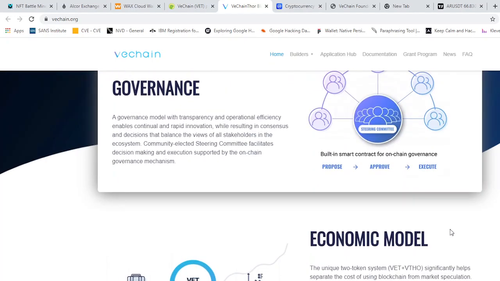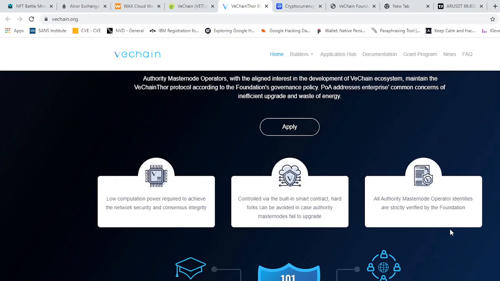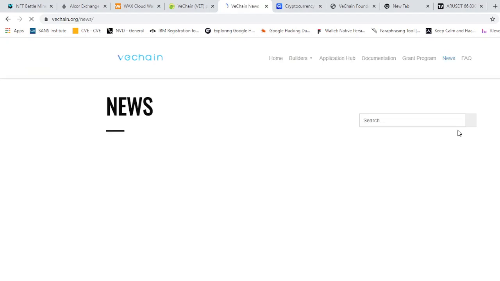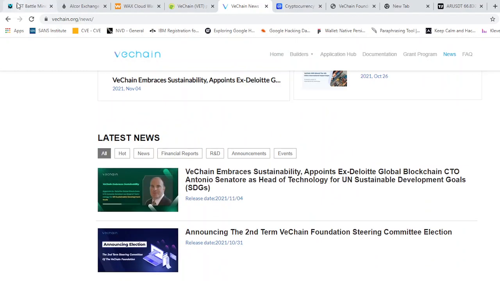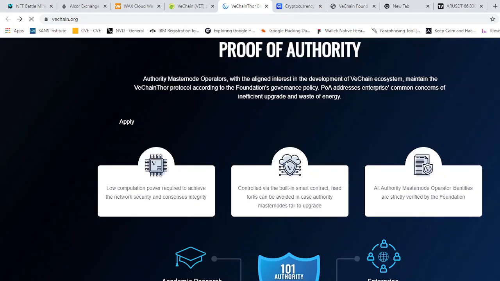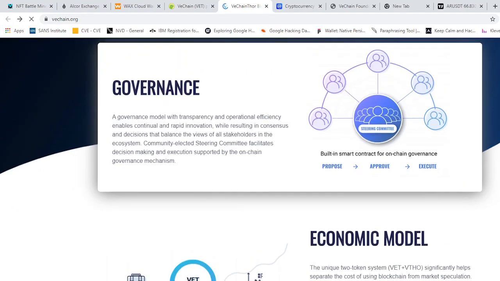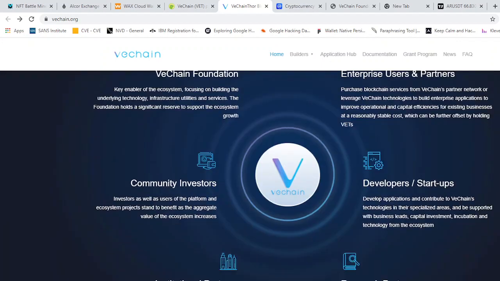Right now, I mentioned partnerships. You can also find who they're partners with here on the same site, and then you go to the news. Let's go back and see what they have for partners on here.